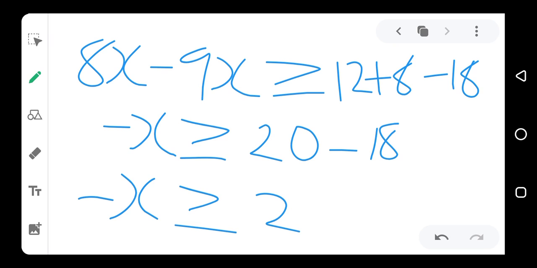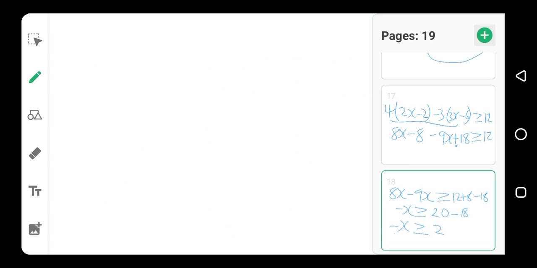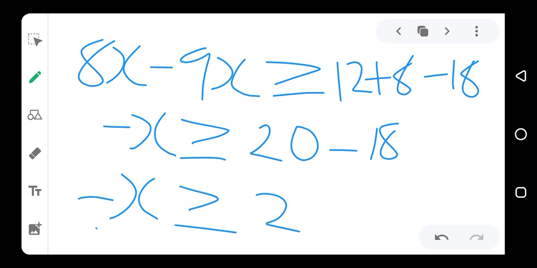Now this one has a negative here. For us to clear it, we divide both sides by -1. Because we are dividing by a negative, we are going to reverse the sign of the inequality.